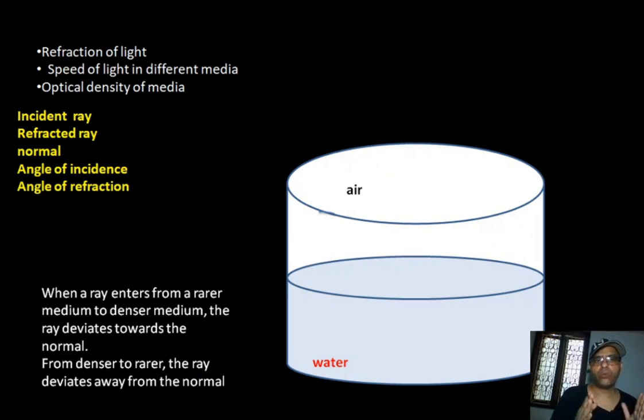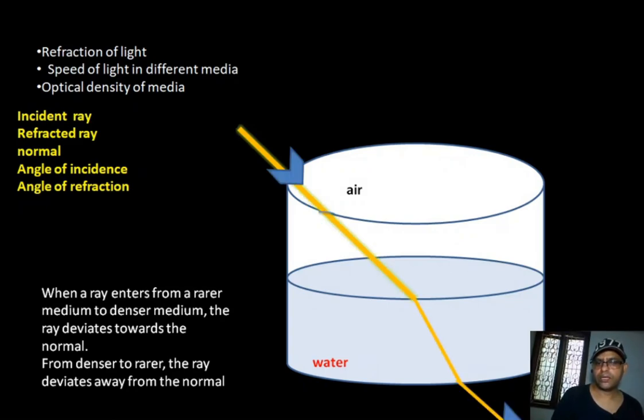Now we can wind up the topic. Now we know what is the refraction of light, the speed of light in different media and optical density of media. Now we need to learn these terms. For that, look at the picture over here.